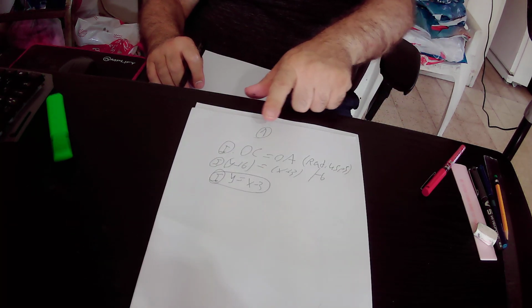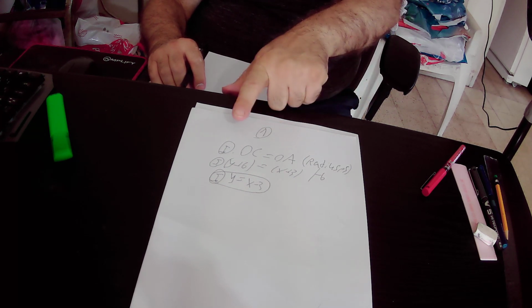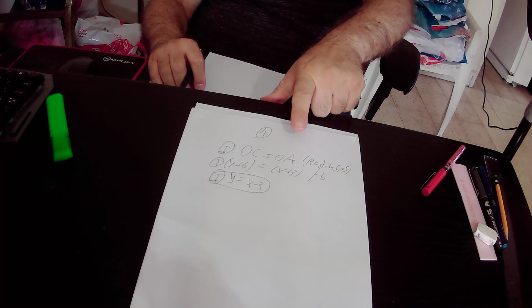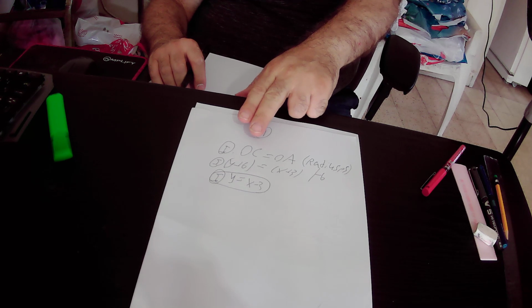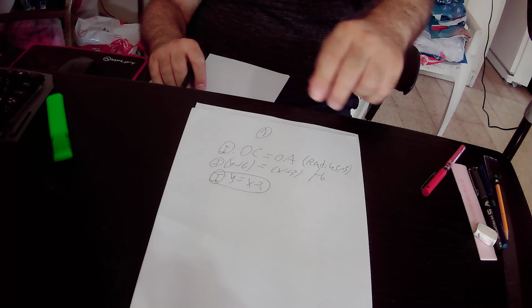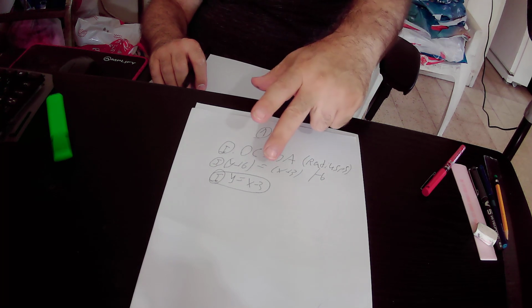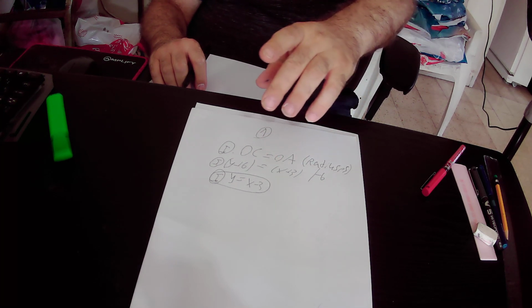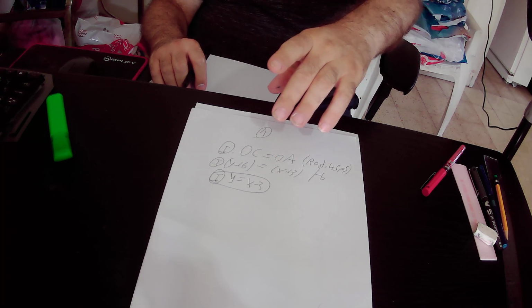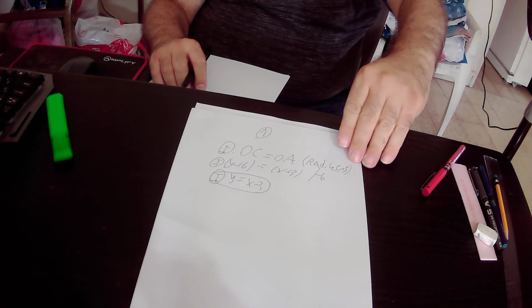Okay, we subtracted 6 from equation number 1. So y plus 6 minus 6 equals y, and x plus 3 minus 6 equals x minus 3. So we got that y equals x minus 3.